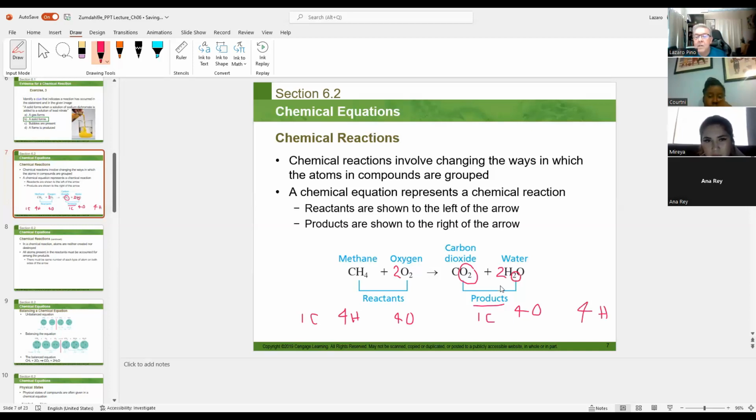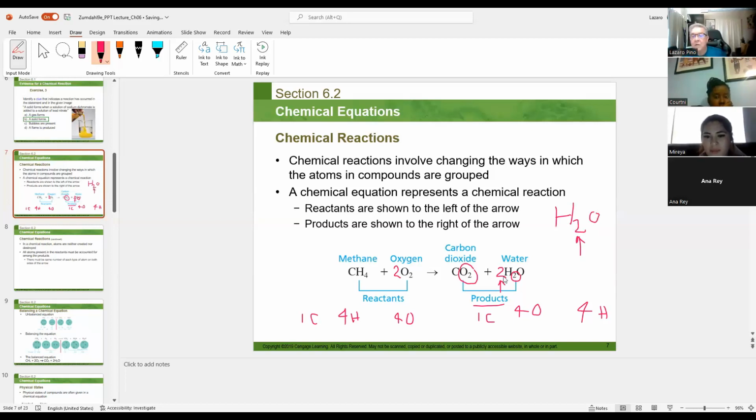Remember, you can only change the coefficients. The coefficients represent the number of moles, and these subscripts indicate the number of atoms. Got it? Then you cannot change in water this subscript, because water is made of 2 atoms of hydrogen and only 1 of oxygen.